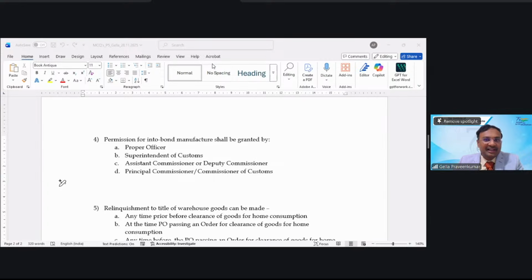Okay. Swami says assistant commissioner or deputy commissioner. Sanjay says proper officer. Again, Swami says D is the answer. Okay. Swami, what is the reason for shifting from C to D?